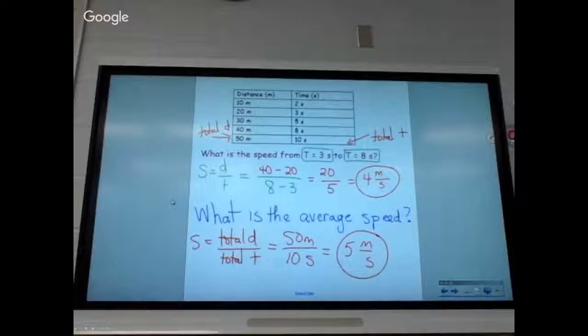All right, I'm going to make DeAndre my able-bodied assistant here today. I'm just going to hand out the lab sheet. Hand out papers. All right, I need one more able-bodied assistant. Where are my rulers?